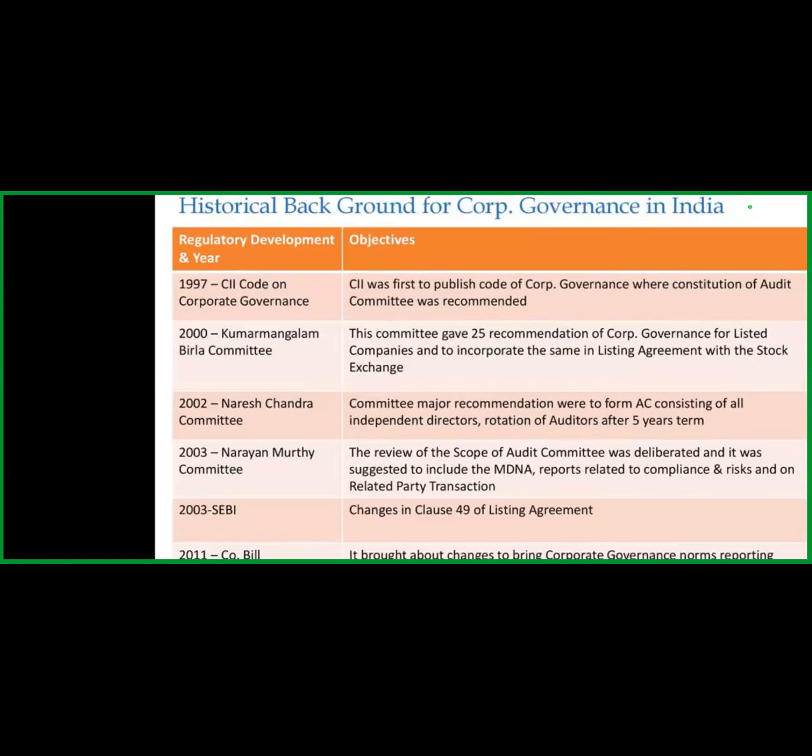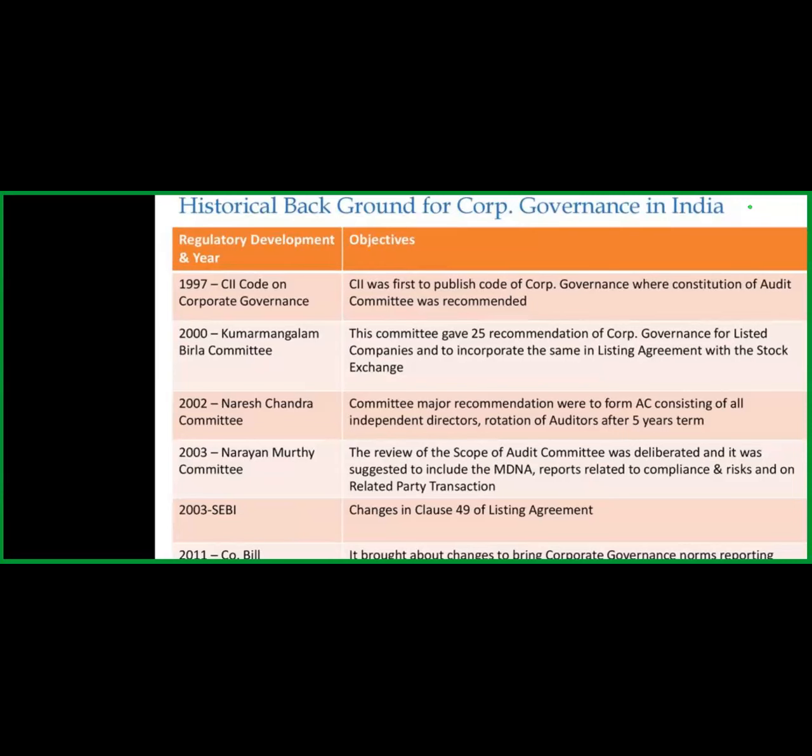Then came the Kumar Mangalam Birla report, that is the Kumar Mangalam Birla Committee. This committee gave 25 recommendations of corporate governance for listed companies and to incorporate the same in the listing agreement with the stock exchange.